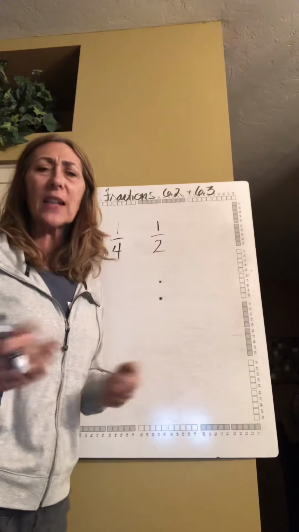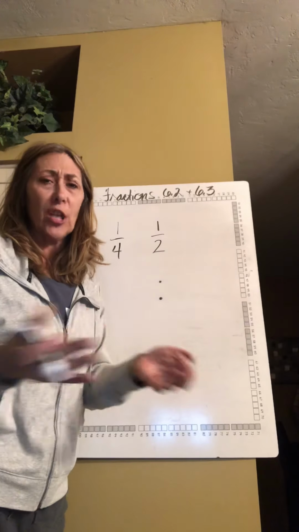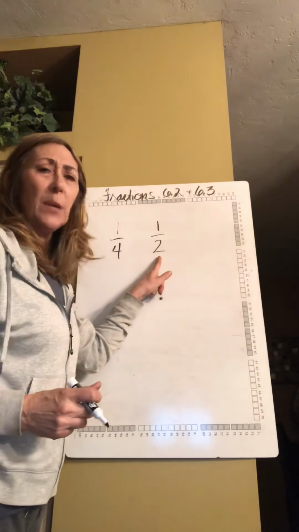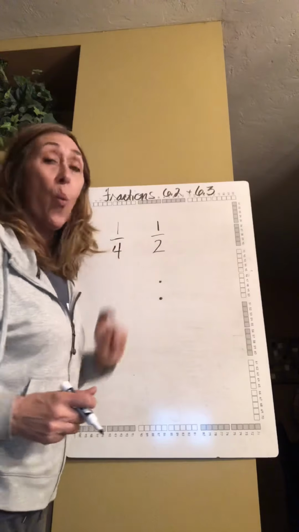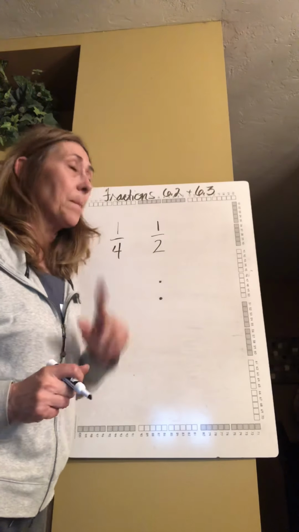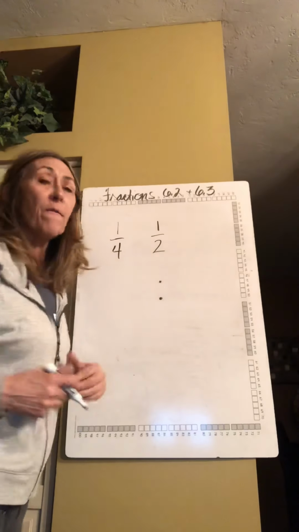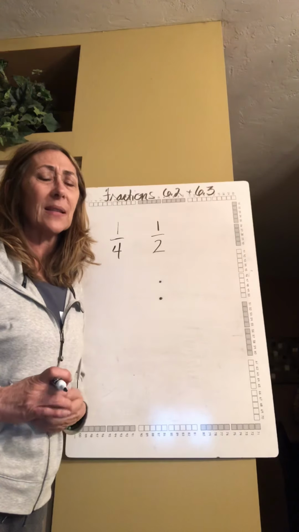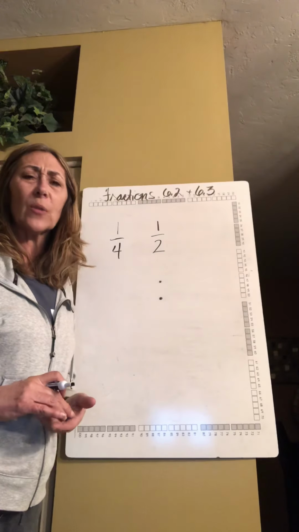This kind of goes back to at the beginning of the year when I talked about sharing that bag of candy with the group. If there were 2 people in a group and you got 1 of those 2 pieces, or if there were 4 people in a group and you got 1 of those 4 pieces, which one of those fractions would be bigger?